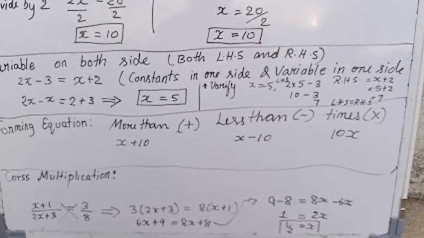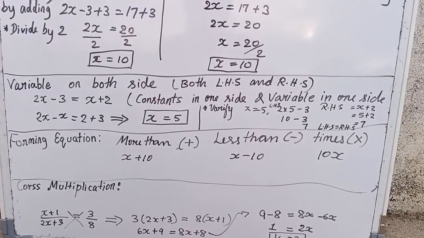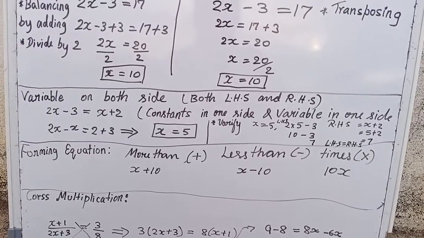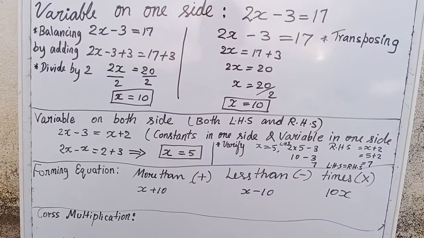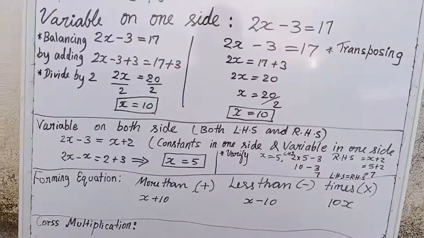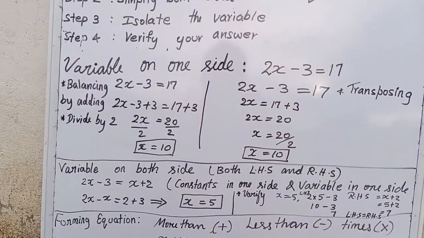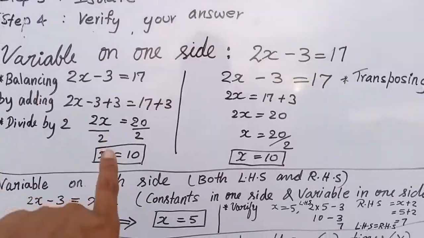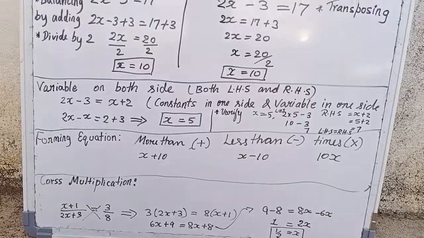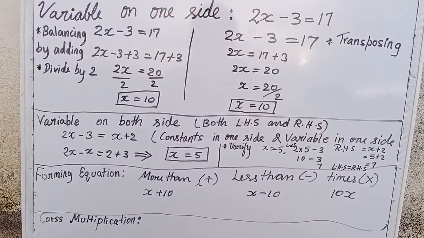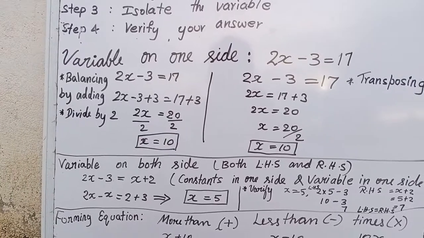In this way, this entire chapter includes all these concepts. What are linear equations? How to solve a linear equation which has only one variable. One variable has only one solution, as I said. So for all these problems, there is only one solution and one variable. And there are different methods and situations also. The variable may come on both the sides.